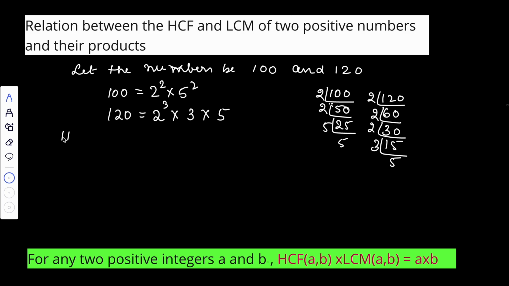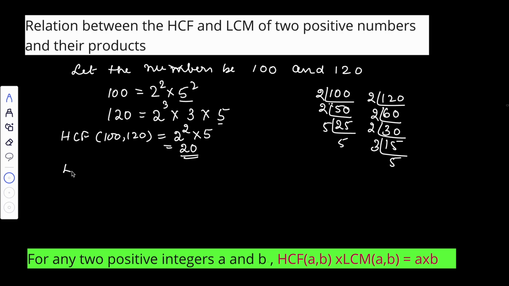Now we'll find the HCF of this. HCF of 100, 120 is equal to, we take the common factor which is the lower power, that is 2 square, and here 5 square and 5 is there, into 5. So we are getting here 4 into 5 is equal to 20.